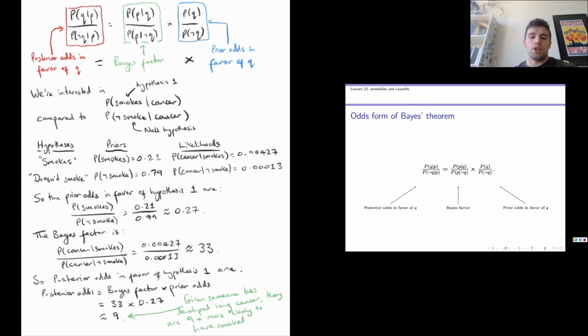So this is how you interpret the posterior odds, saying what this number means here. And it's this number, 33, the Bayes factor, which quantifies the degree to which having developed lung cancer is evidence that one is a smoker, because the Bayes factor tells you how much your prior odds should shift when you update.